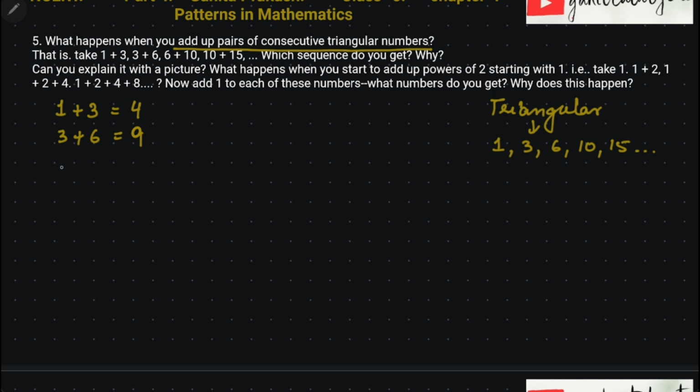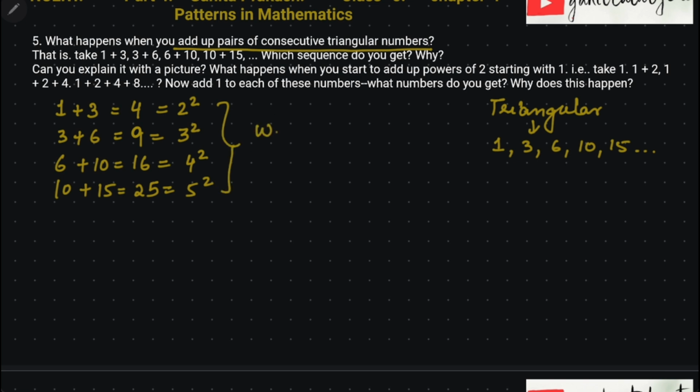Next, 6 plus 10 is equal to 16. 10 plus 15 is equal to 25. So here we can see 4 is 2 square, 9 is 3 square, 16 is 4 square, 25 is 5 square. So what sequence do we get? In this case, we get square numbers.